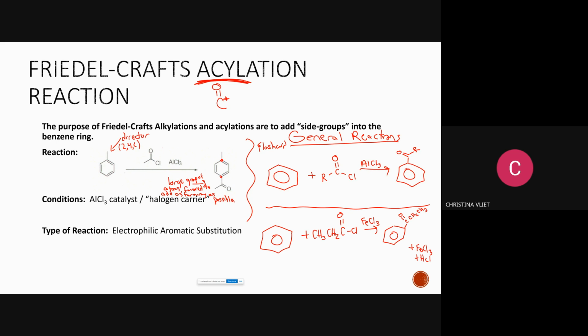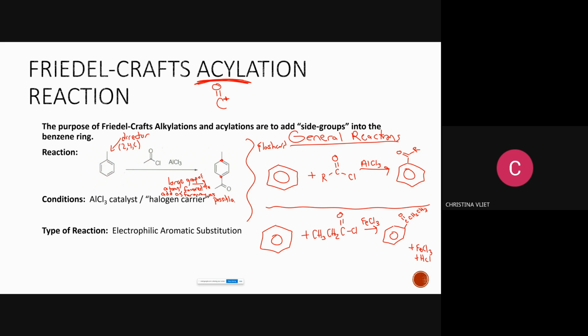So that's what's going on here. That's why they show it to you in the 4 position and not the 2 or the 6. Typically if I add a large group of atoms, you should add them as far away from groups of atoms that are already there as possible. I want to call it the para position, but we don't use that terminology. It's the 4th position. 2, 4, 6.